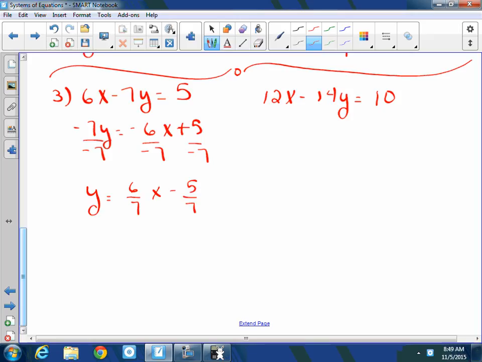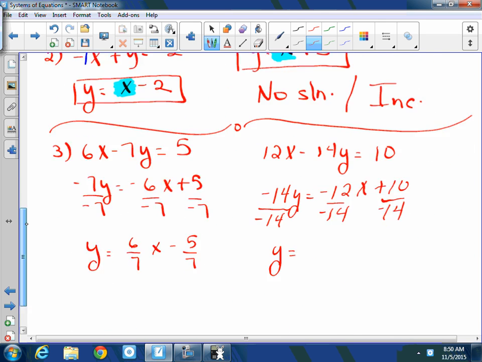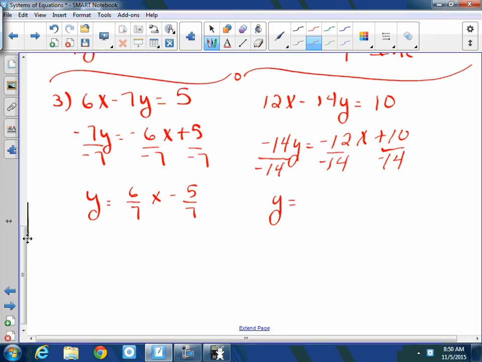Okay? Let's do the other one. Negative 14y equals negative 12x plus 10, divided by negative 14. Did I copy it wrong? No, it's right. Minus 14y. You're good? All right. So a negative divided by a negative is definitely a positive, but the only thing is that if they simplified, you have to simplify it.